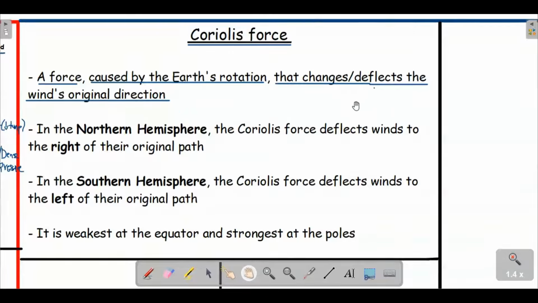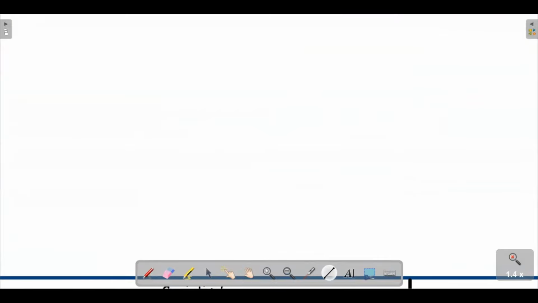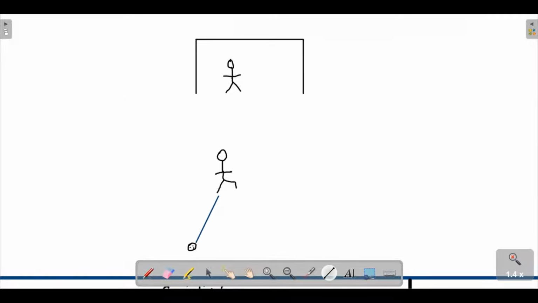direction. So to deflect, guys, I don't know if you watch soccer, but in soccer we use the word deflection a lot. Let's say I have a player right over here, and a keeper right over here, and I'm kicking this ball. I kick this ball in this direction, and then it hits the keeper's leg.